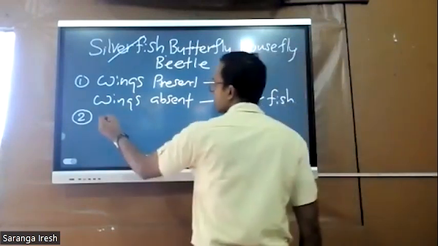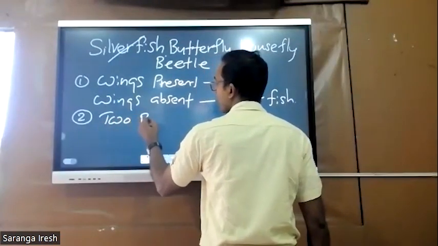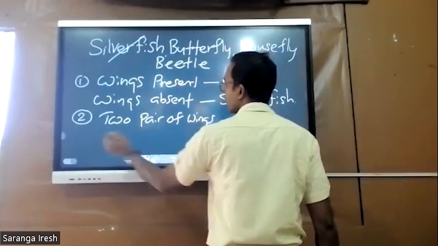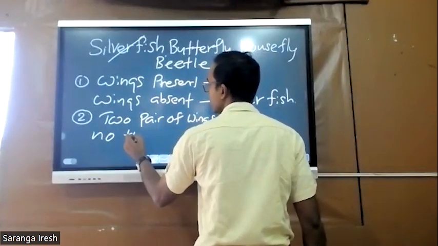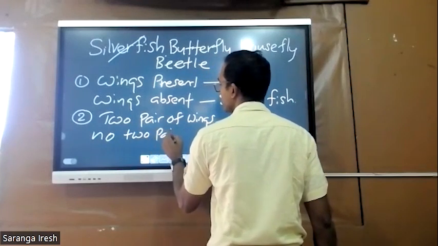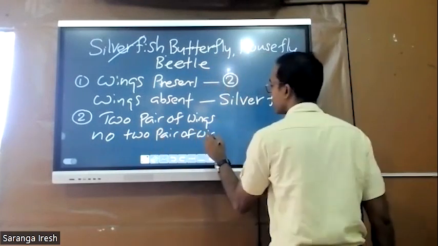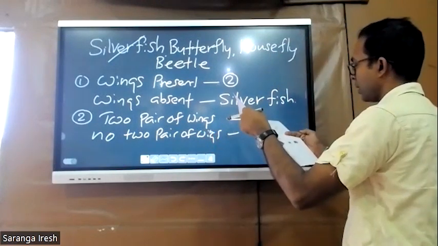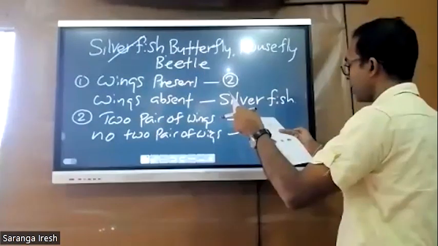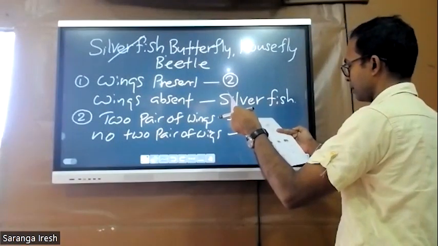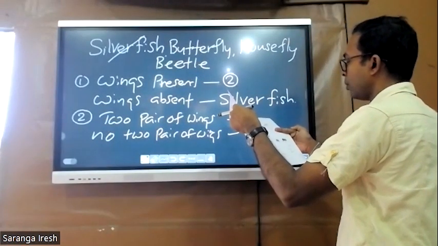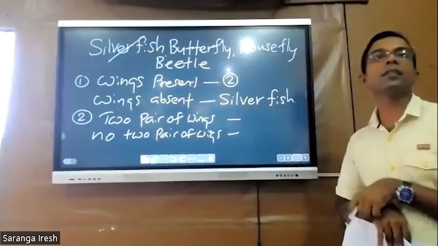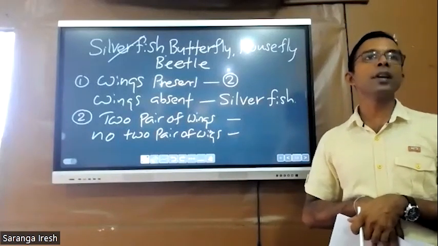Right. 2 pair of wings, no 2 pair of wings. Who has 2 pairs of wings? Butterfly and beetle do. Housefly does not have 2 pairs of wings. 2 pairs of wings means how many wings? 4 wings.